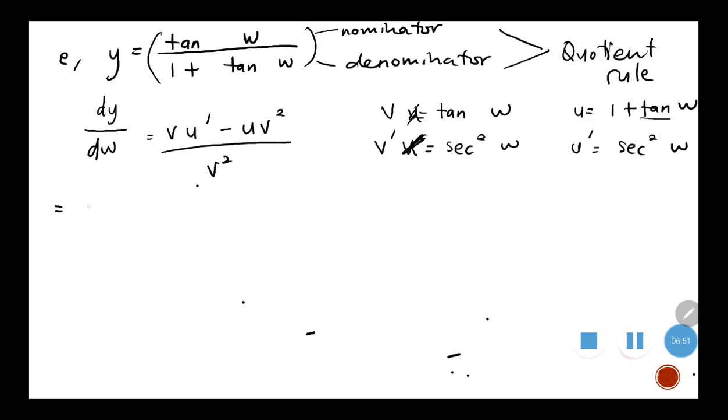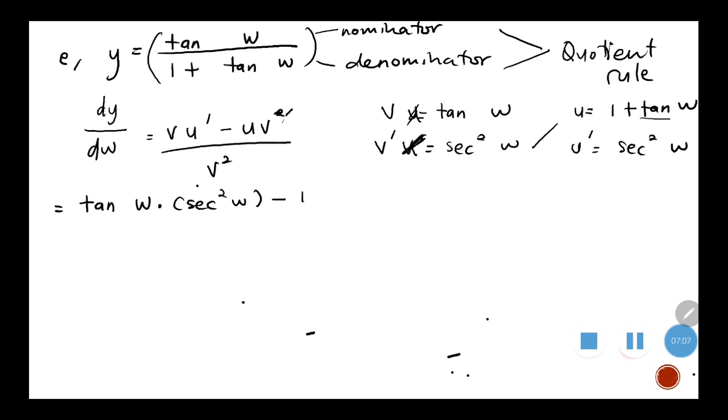So vu prime is tan w times secant square w minus uv prime, not square, uv prime.